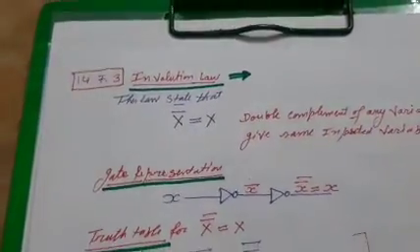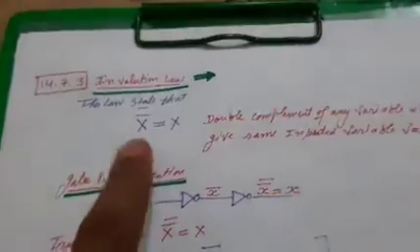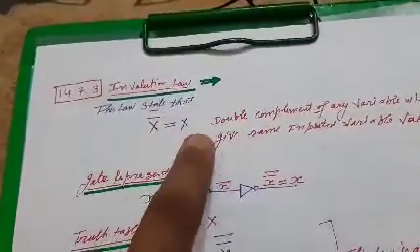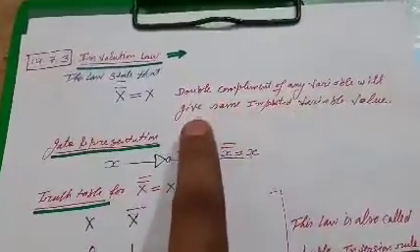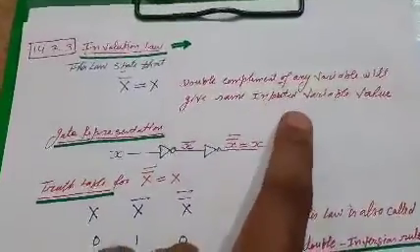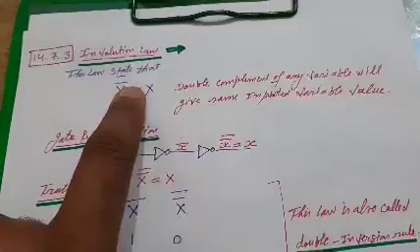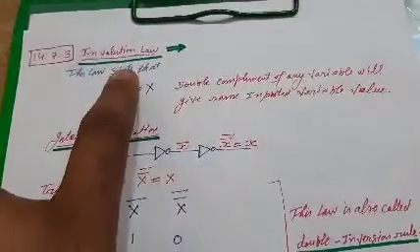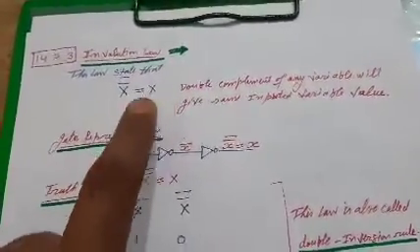Then the next law is the involution law. It states that x complement, then the complement of this, equal to x. Or we can say the double complement of any variable will give the same input variable value. X complement, then complement again: the two complements cancel, and the final answer is x.